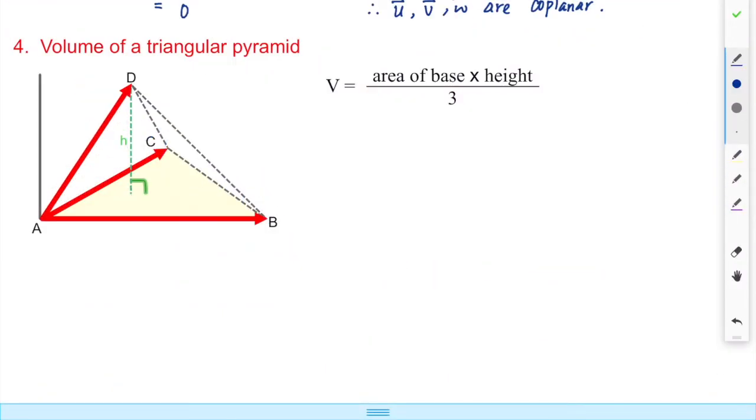So the last application that we're going to look at is on this diagram. We know that a triangular pyramid has a volume of 1/3 of the area of the base times height. Notice how the area of the base is a triangle. And previously we said that this is 1/2 of AB cross AC, right?